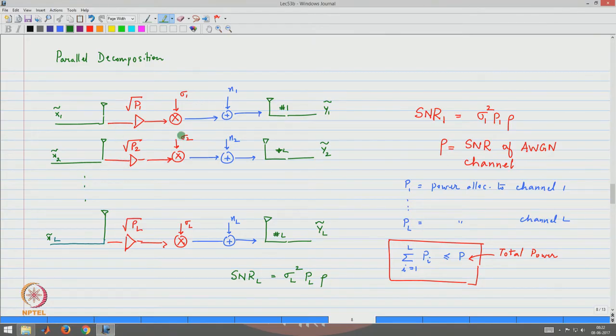What is different is only the differences caused by root P and sigma, where the sigmas are introduced by the channel. The P's are something that the user gets to modify based on whatever criteria we have chosen, but we must keep in mind that we must always satisfy the total power.